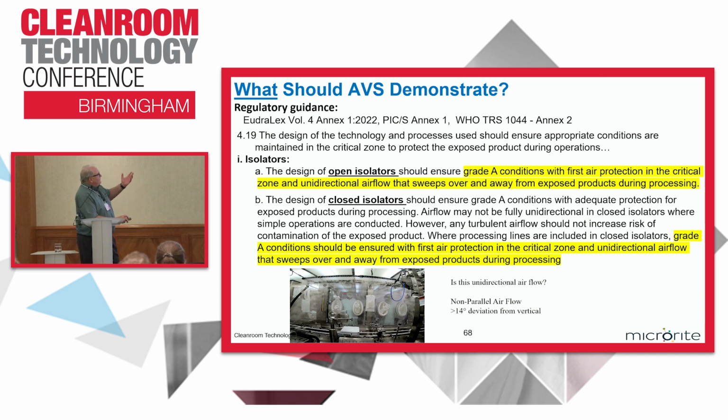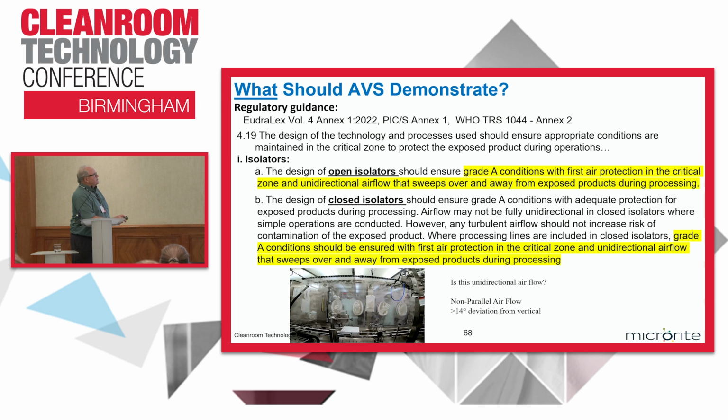And going on, Annex 1 talks about the design technology, talking about open isolators and closed isolators. And at least from my experience, most closed isolators that I deal with are typically sterility assurance or hazardous drugs. But we really talk about, again, design of open isolators, grade A conditions with first air protection in the critical zone and unidirectional airflow that sweeps over and away from exposed products during processing.